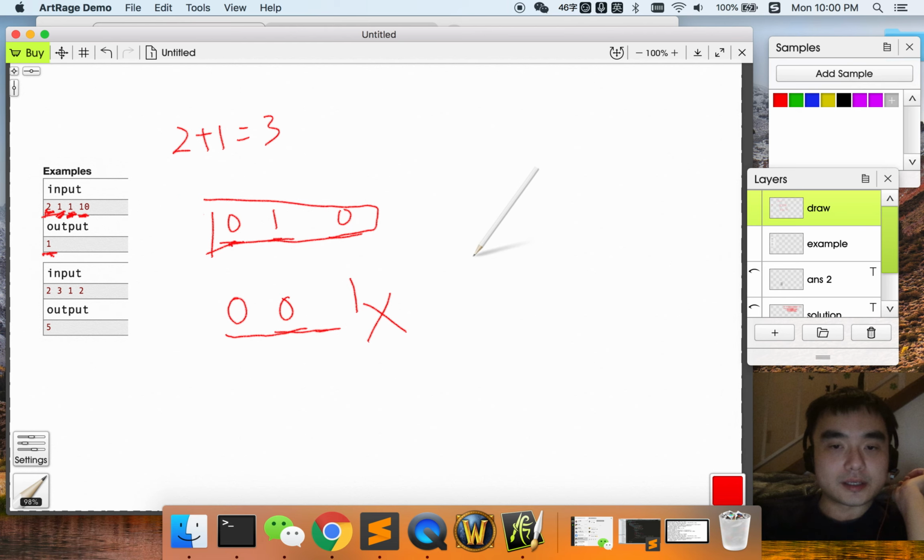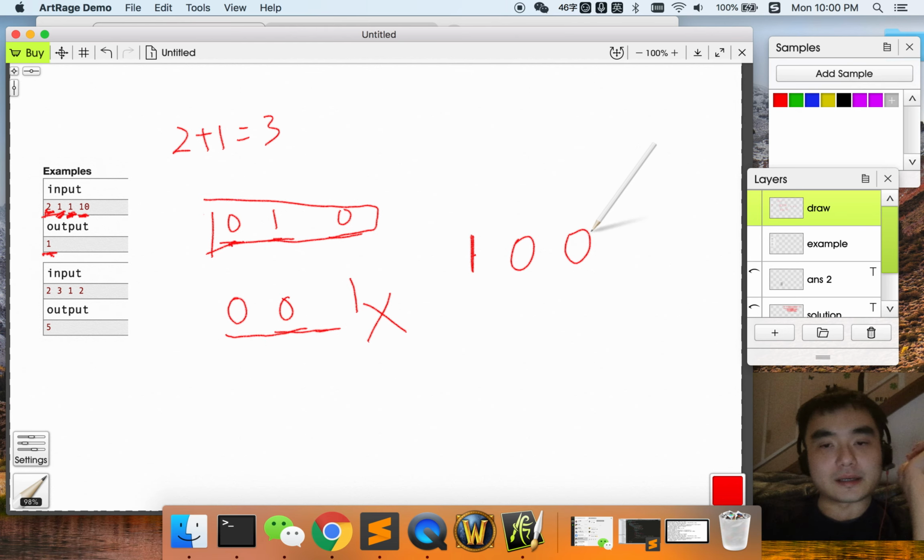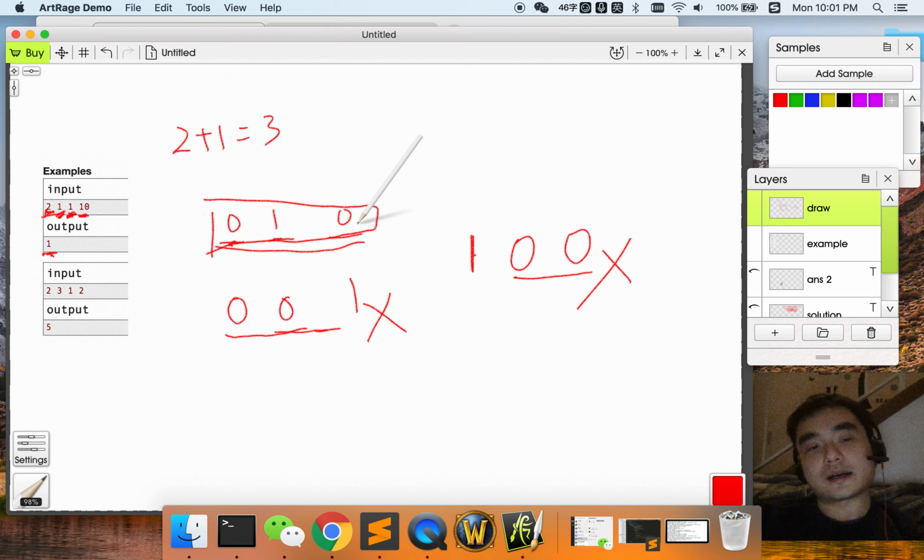We got 1 at the first place and 0, 0 at the second and third place. This has two consecutive zeros in a row, so it doesn't satisfy the constraint, so it's invalid. So this is the only valid array.